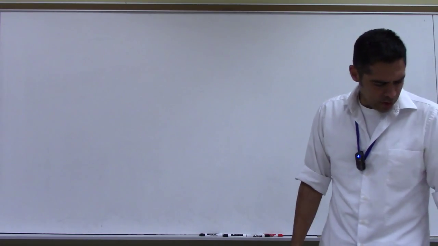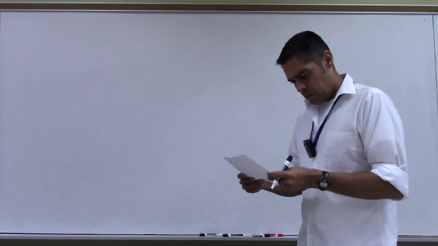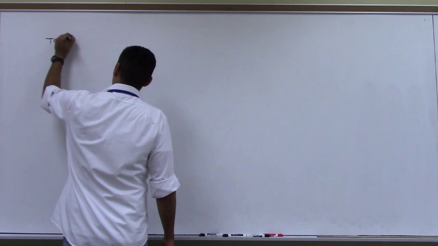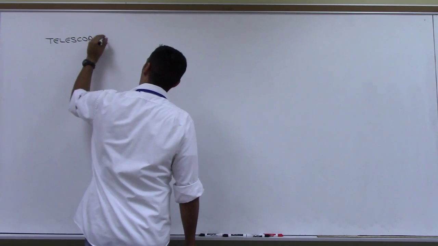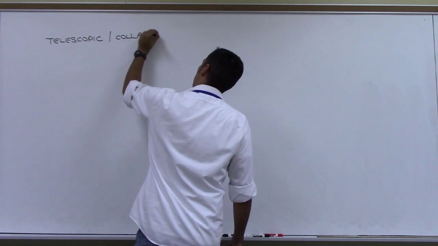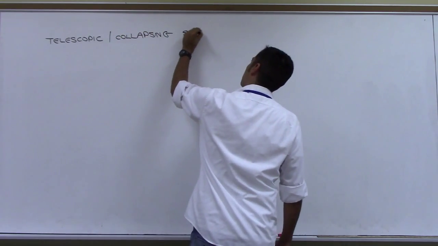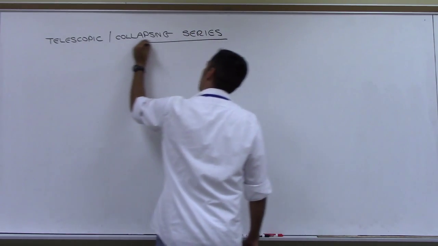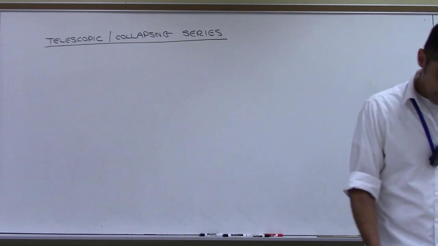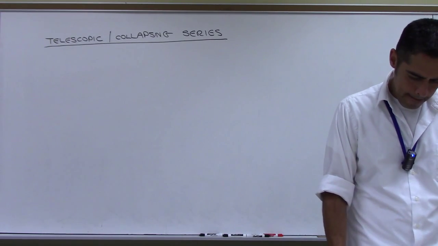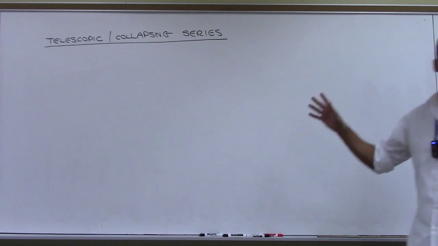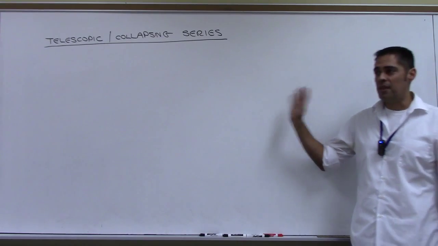So let's go now and talk about what's called a telescopic, or sometimes referred to as a collapsing series. Now, I'll tell you where the name comes from after we do one, all right? Because it'll make more sense after I actually do the problem.